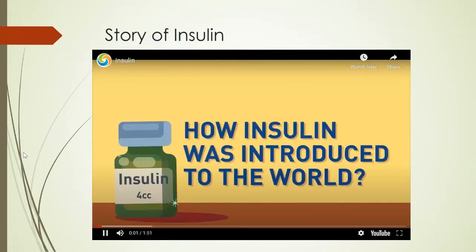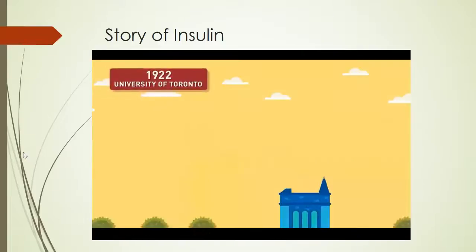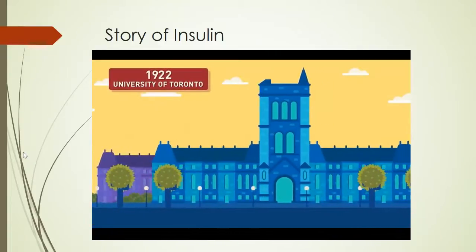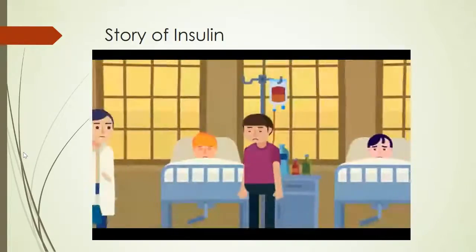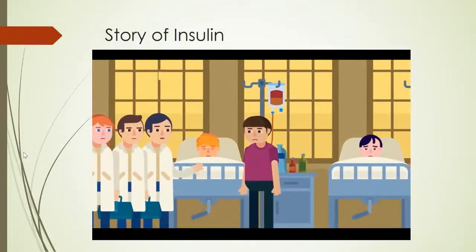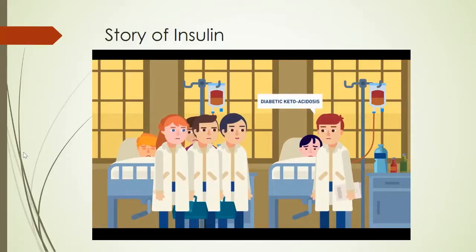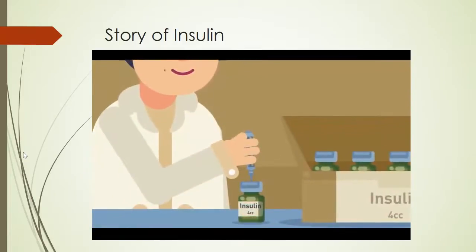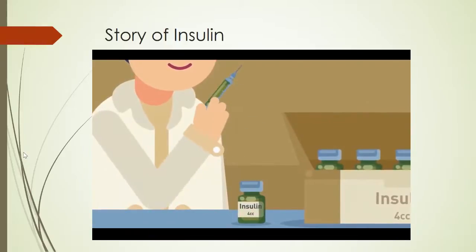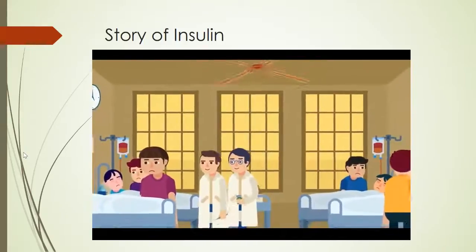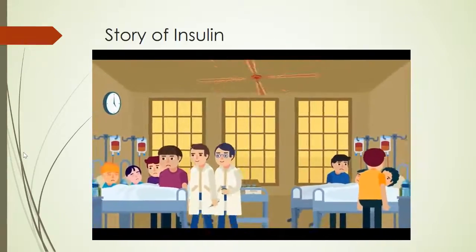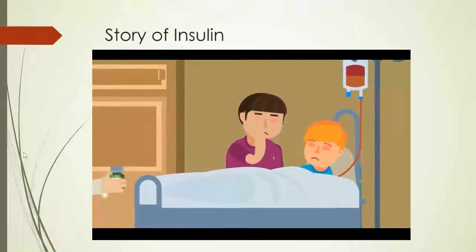Insulin was introduced to the world in 1922 at the University of Toronto. The scientists went to a hospital ward full of diabetic children, most of them comatose and dying from diabetic ketoacidosis. This is known as one of medicine's most incredible moments. Imagine a room full of parents sitting at the bedside, waiting for the inevitable death of their child.